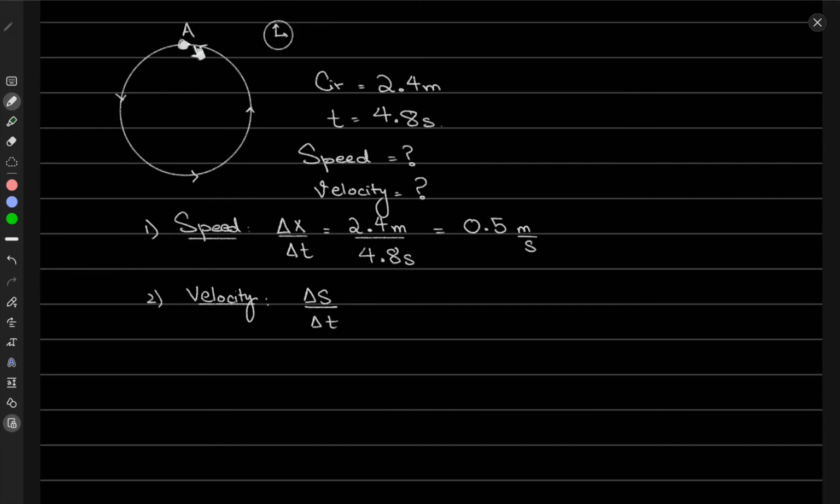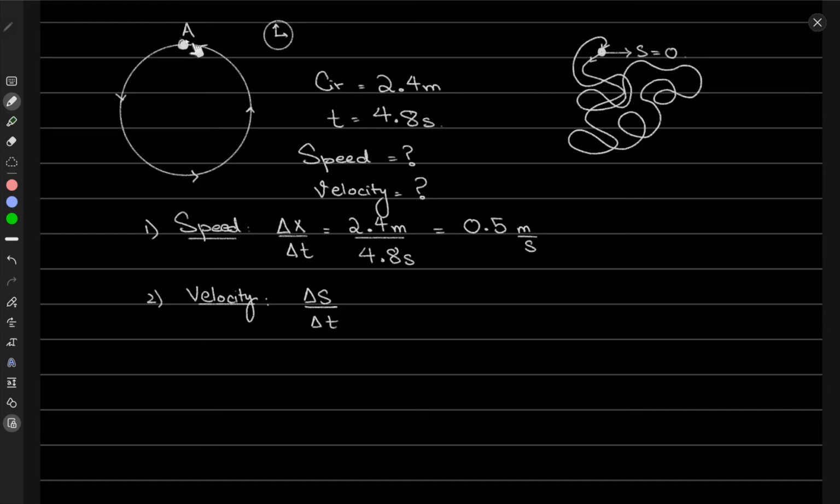And the displacement for this one lap is 0 because I started at this point A, and whatever path I take, it doesn't matter; if I'm coming back to this point A again, then at this point my displacement is 0. I have not really displaced at all, even though we have covered all of this distance, but the displacement by definition is 0.